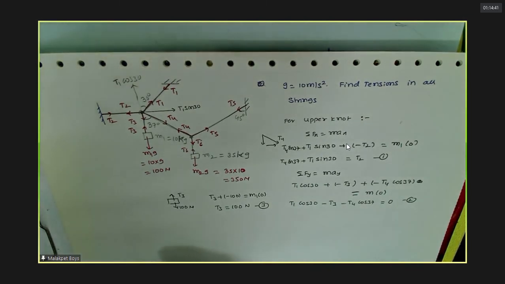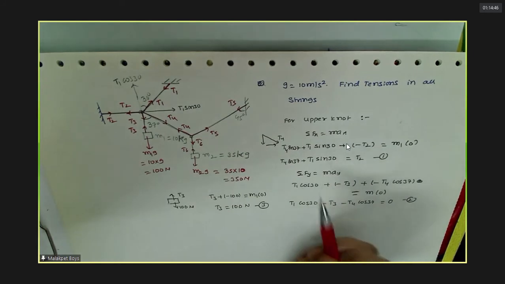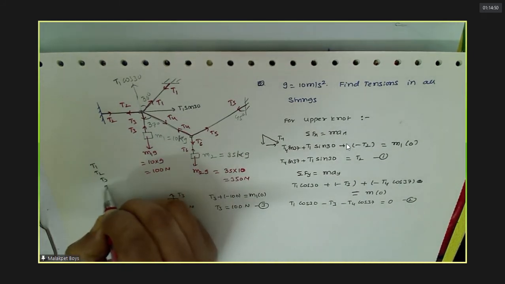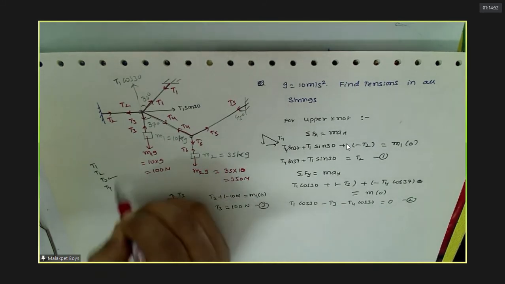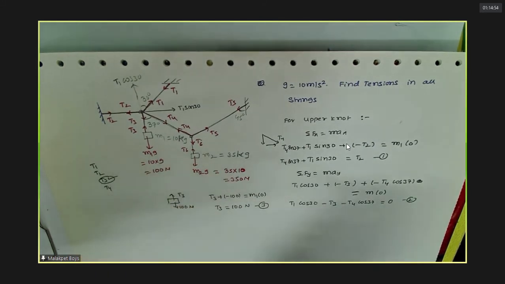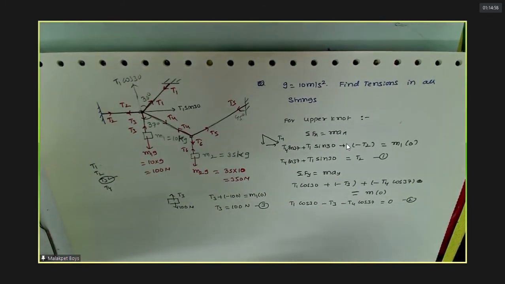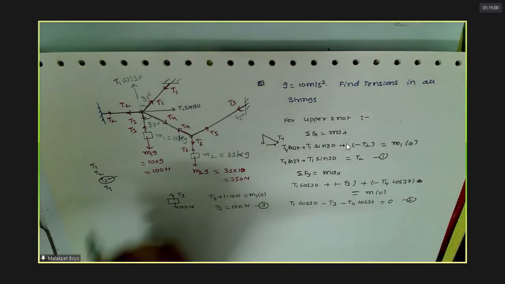Understood this? Clear? Now T4, another one. How many are there? So count like this: T1, T2, T3, T4. Out of this, T3 is okay. Now can we get with two equations? These three unknowns cannot be known. Can we know?